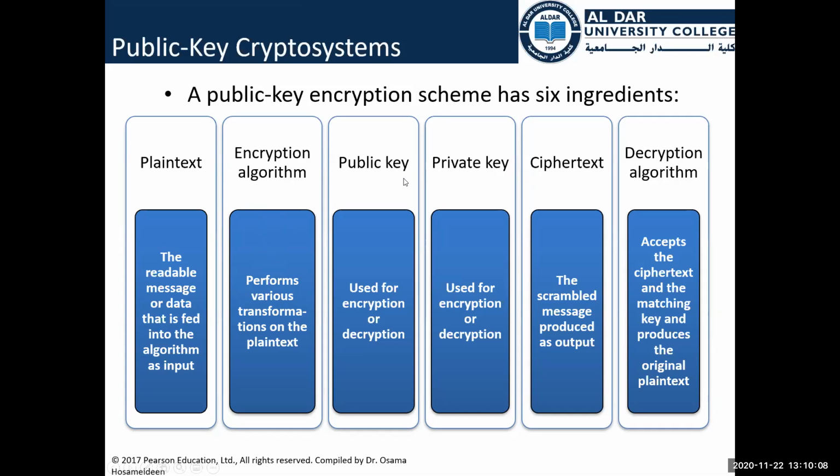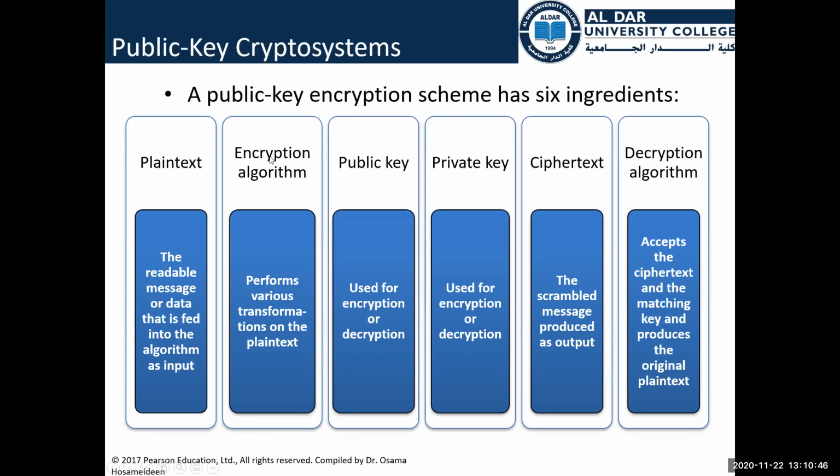For the public key, we have the third component here. We have a public key, we have a private key, we have a ciphertext, we have the decryption algorithm. The public key is used either for encryption or decryption. The private key is also used for encryption or decryption. The ciphertext is the scrambled message produced as an output.